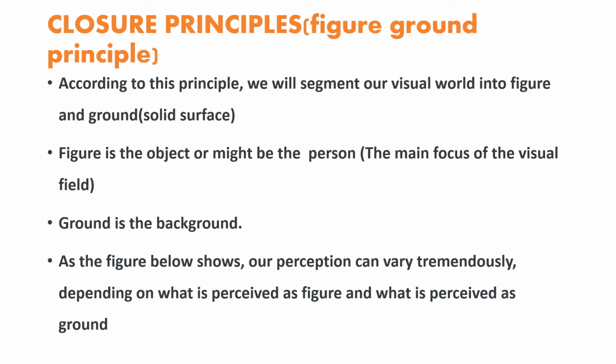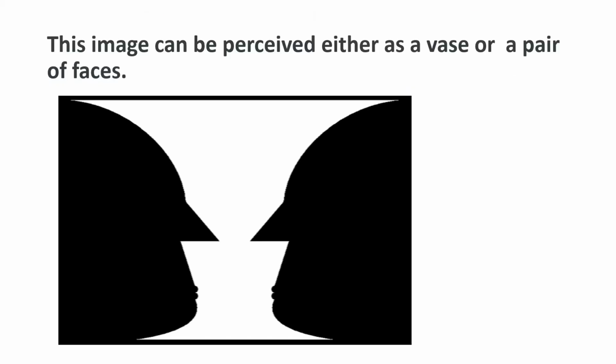So the first principle is the closure principle, or figure-ground principle. According to this principle, we segment our visual world into figure and ground. Figure means the main object and ground means the solid surface. If you see this picture, you will easily understand the figure-ground principle.